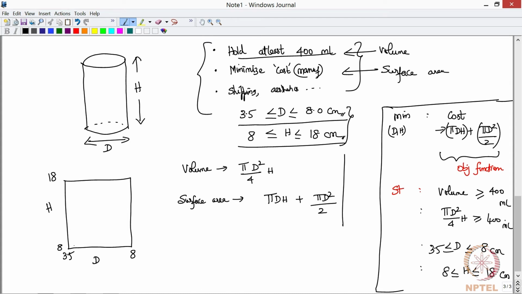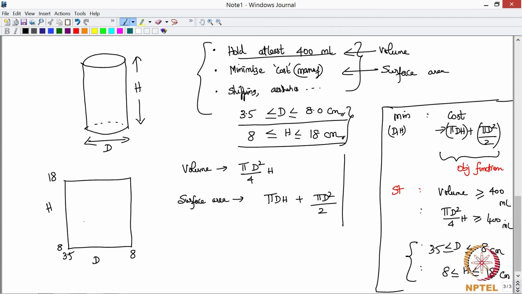Now, in this design space you can get something called the feasible domain, which is governed by the constraints. Right now, with just these two constraints, this is the feasible domain.